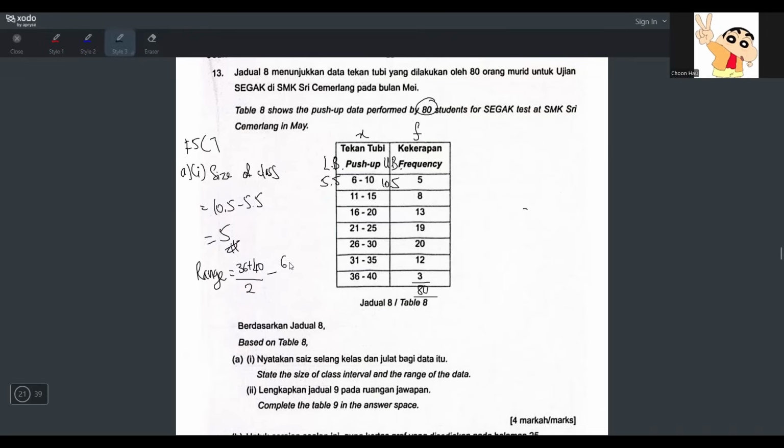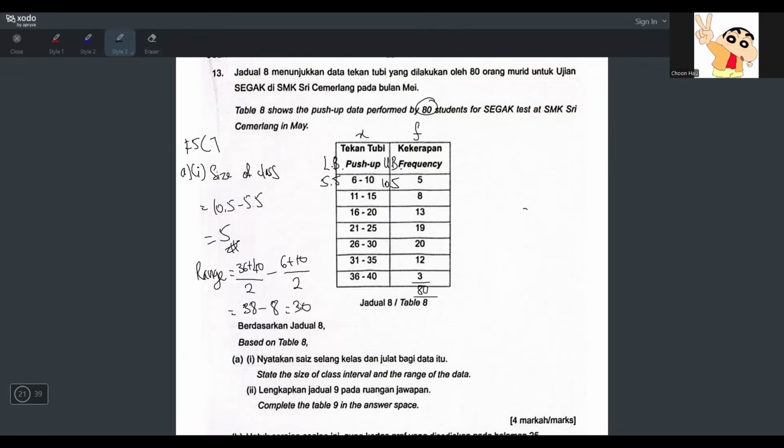So 36 plus 40 divided by 2. What do you get? 76 divided by 2, I guess that's 38. Wait for me, I use the calculator. Yes, you get 38. So you just write it there, 38. And then the lowest class is 6 to 10, and the midpoint we find by taking 6 plus 10, then divide by 2, which is 16 divided by 2, 8. And then your range comes out 30. Okay, 30. Now we can continue.